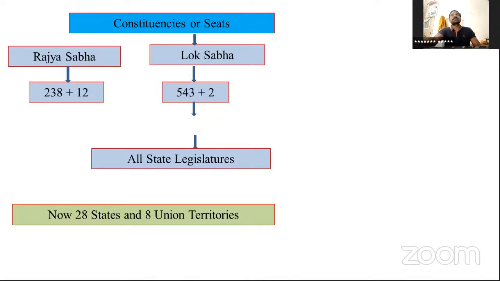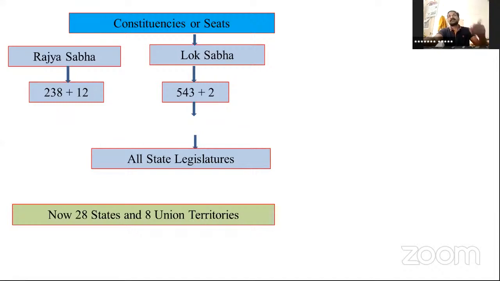Our parliament means Rajya Sabha, Lok Sabha, and the President of India. Rajya Sabha members total 250 and Lok Sabha members are 545. In the same way, all the state legislatures are divided into territorial units.